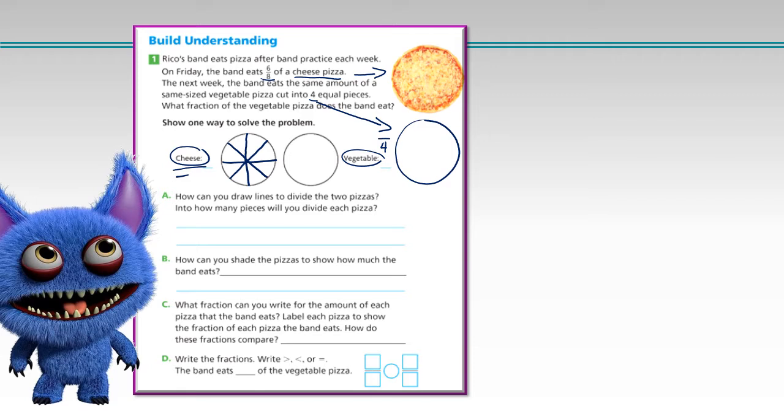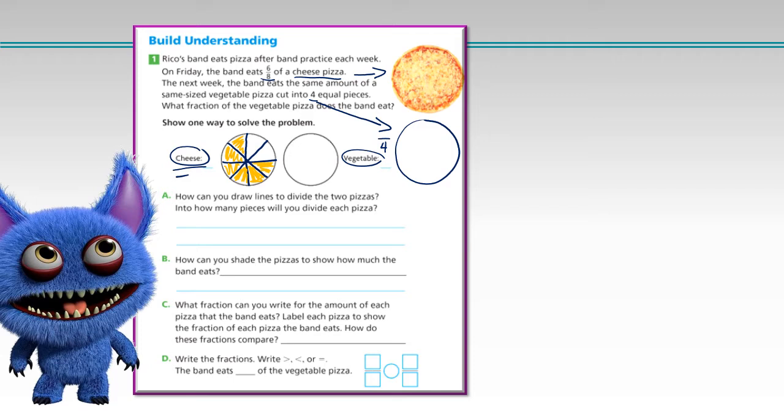Okay. And in another color, I'm going to shade in 6 of those parts. 1, 2, 3 parts out of 8, 4, 5 or 5/8, 6/8. So on the cheese pizza, the first week they ate 6/8 of the pizza.